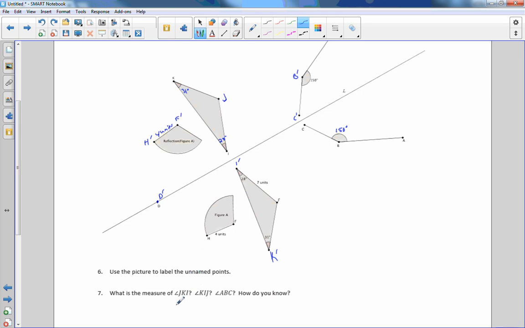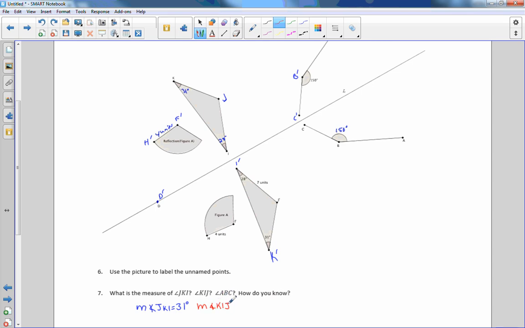JKI is 31 degrees. So I'll say the measure of angle JKI equals 31 degrees. That little M in front of the angle symbol means measure of angle, and then you name it. Then to answer this question, let me change colors. The measure of angle KIJ, and I like to put a little angle mark here so it doesn't look like a less than symbol.